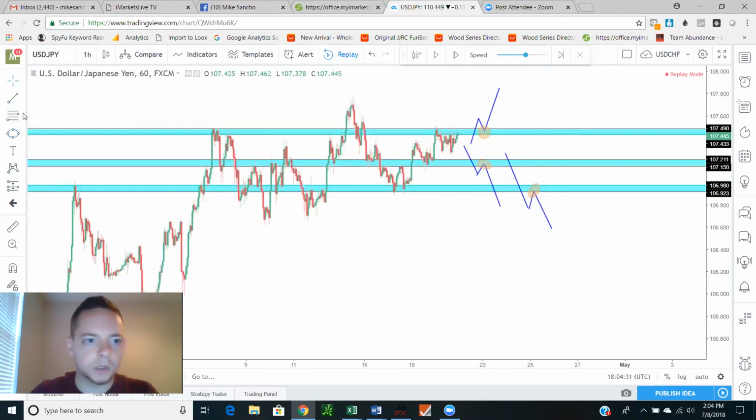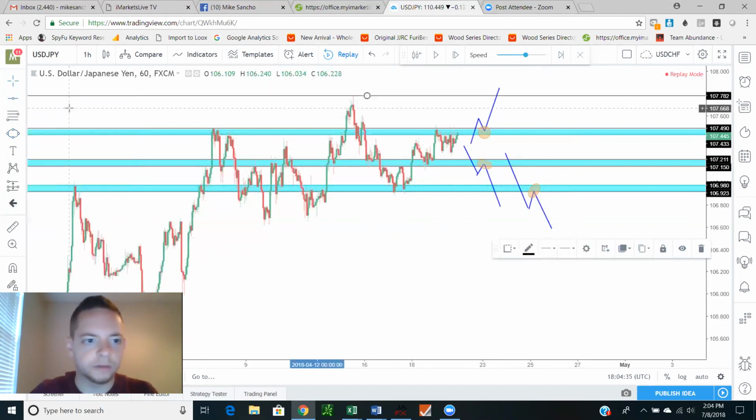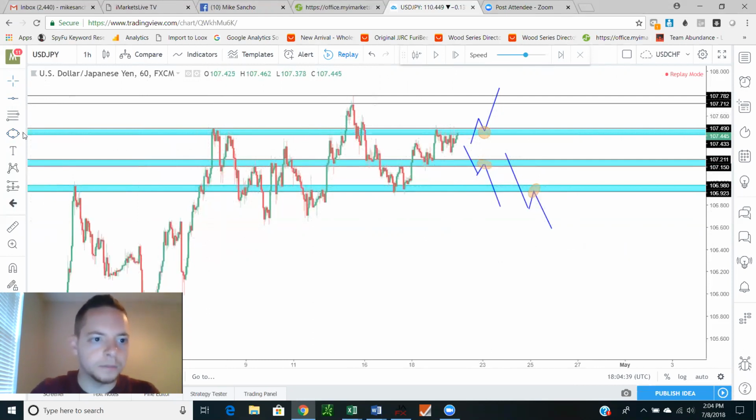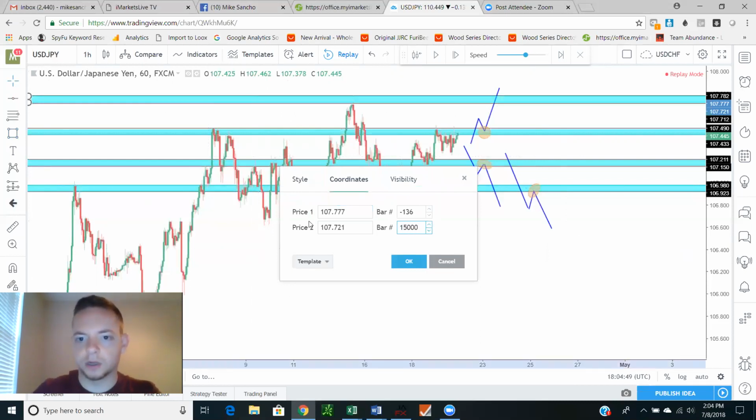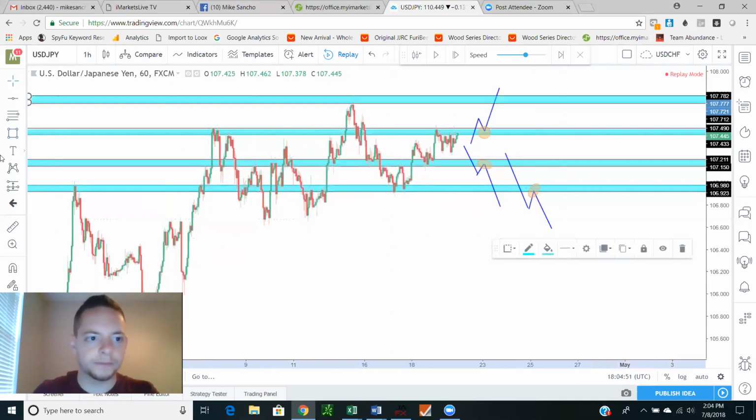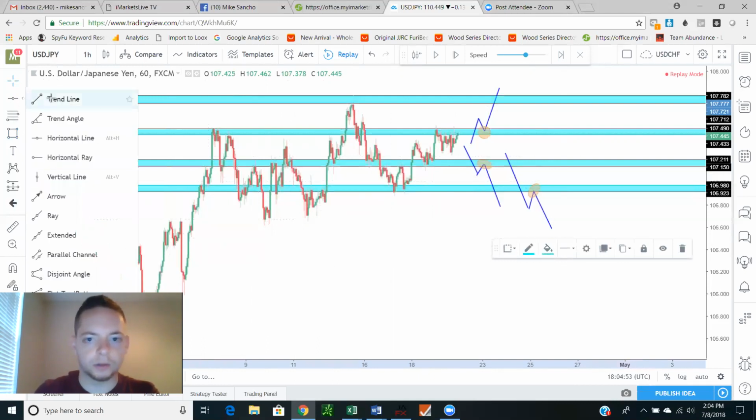I'll just do this one too, because this is the previous ceiling. But yeah, you guys can start to see how, once you start doing this, very quickly it takes your trading to the next level, because in real time you're only going to get so many good trades throughout the week.